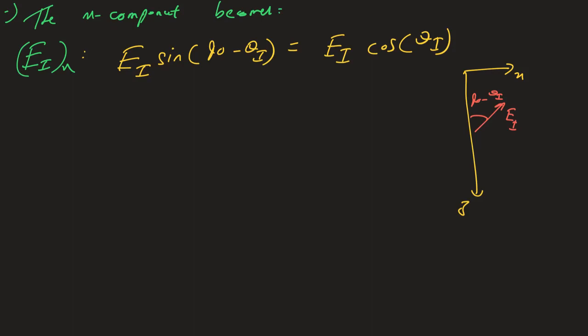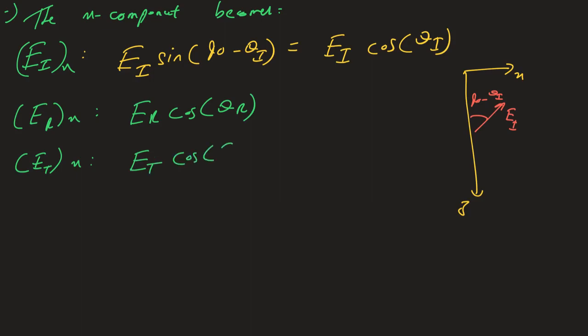So by the same logic then, E reflected x component becomes E reflected cosine of theta r, and E transmitted x component becomes E transmitted cosine of theta t.